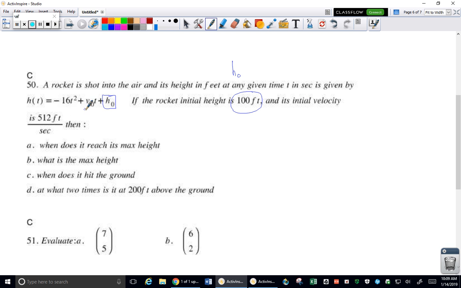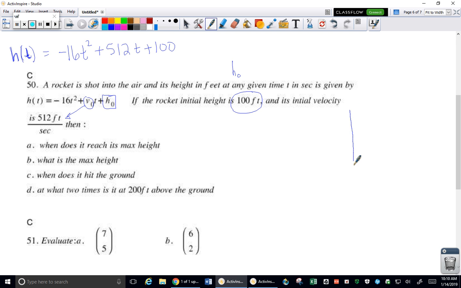And its initial velocity, which is v sub 0, is 512 feet per second. So our equation should look like negative 16t squared plus 512t plus 100. Okay, that will be the equation that will model the height of this rocket for any given time t.